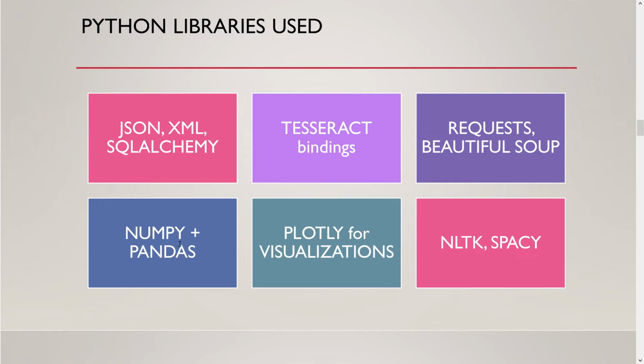Then there's NumPy and Pandas for data analysis. And I'm personally a big fan of Plotly. I was very happy to see Peter also was using Plotly because it's a great library for visualizations, quite nice compared to the built-in Matplotlib. And then NLTK and spaCy, which are text analysis libraries.